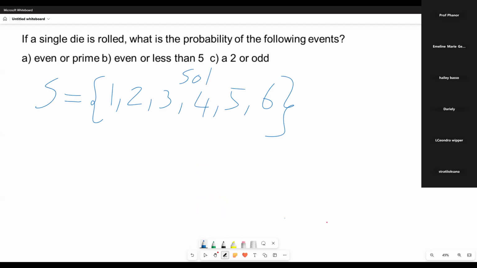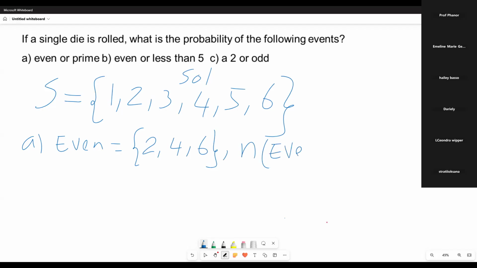You're talking about even, so let's look for even numbers. That's 2, 4, 6. So n of even equals 3. Got it?